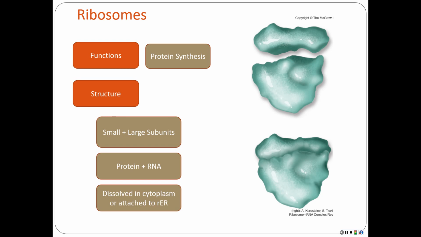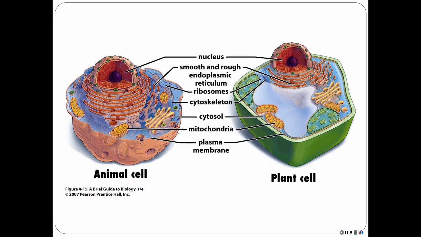We will find them either dissolved in the cytoplasm to make proteins that work inside of the cytoplasm, like we just listed. The microtubules, microfilaments, etc. Those are proteins that would have been manufactured by ribosomes free in the inside of the cell. Conversely, we learned already that ribosomes can attach to the rough ER, and when they work with the rough ER, they're making proteins that will be secreted or incorporated into a membrane somewhere. Okay, those are the ribosomes.